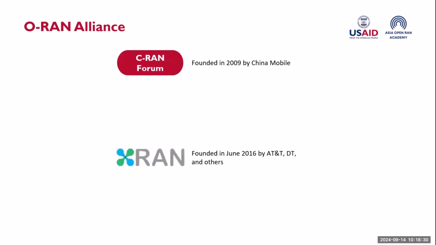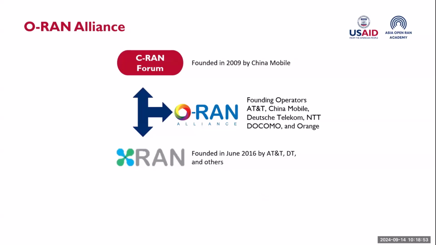Okay, xRAN was founded in 2016 by AT&T, Deutsche Telekom, and others. Okay. So the goal is to develop, standardize, and promote an open alternative to the traditionally closed hardware-based RAN architecture. Okay. So nagsama yung dalawang yan noong 2018, and the founding operators were AT&T sa US, China Mobile sa China, Deutsche Telekom, NTT Docomo, and si Orange.